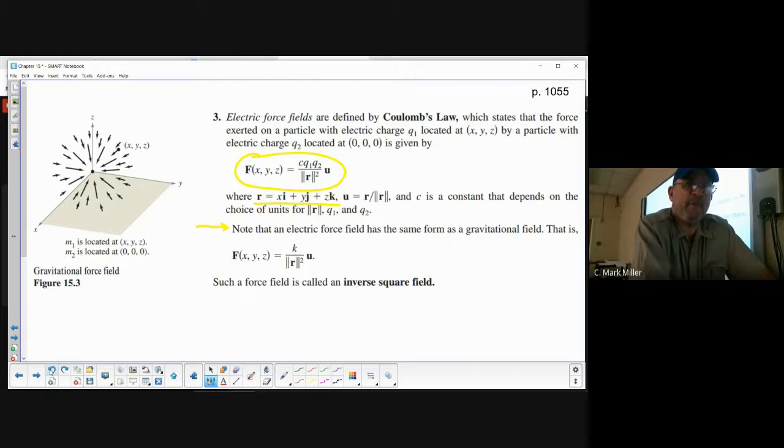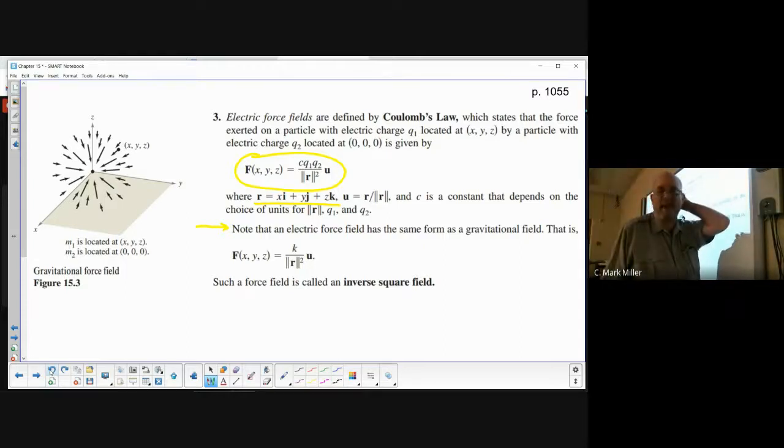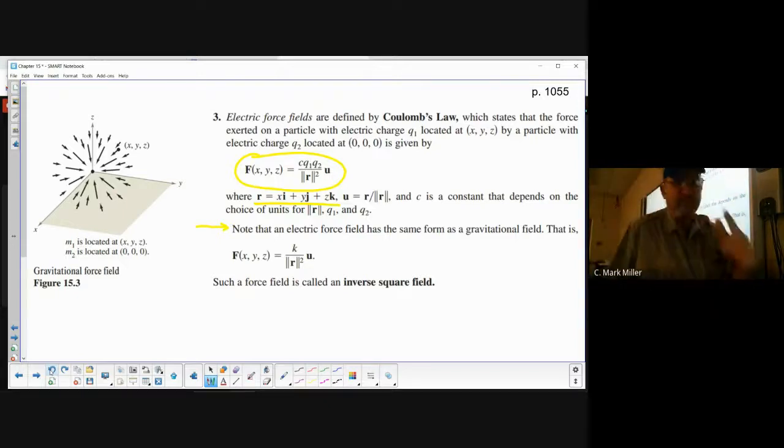So if you went 4,000 miles off the surface of the Earth, then the Earth would have 1/4 of the pull on the baseball as it did on the surface. So you've got to go by centers of mass, not solely by its distance from the surface of something.